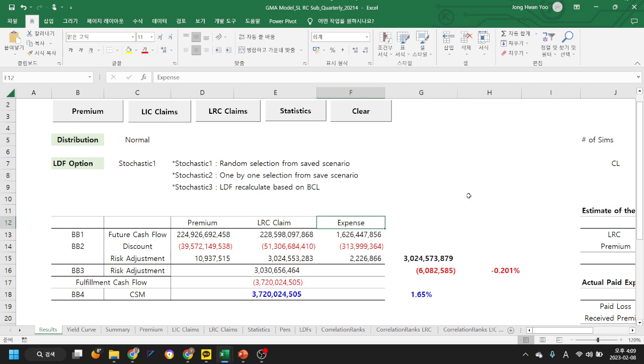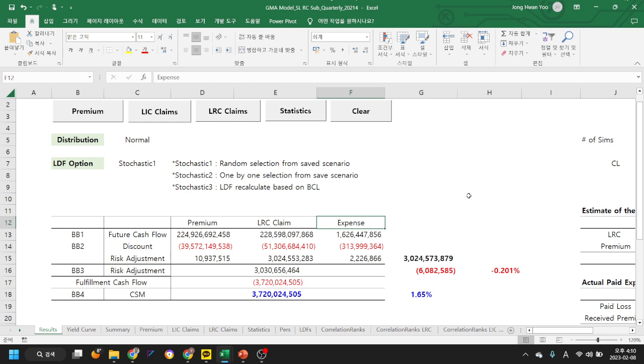One is the contract acquisition expense, including overhead expense or commission directly related to getting a new contract, and also policyholder management or policy administration, and also expenses to handle claims.